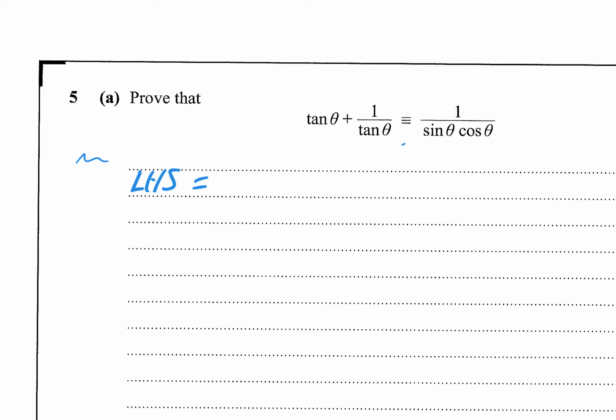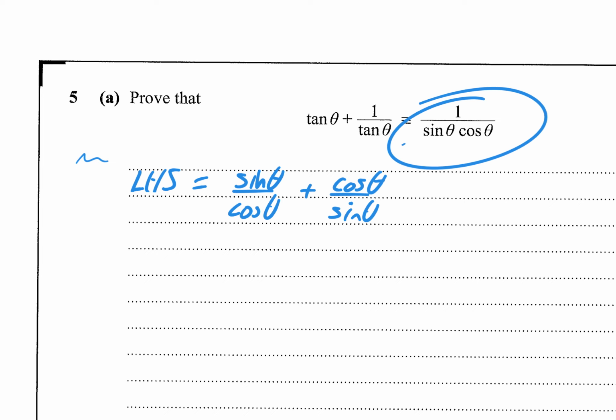Tan is the same as sine theta over cos theta, so 1 over tan would be the reciprocal of that, cos theta over sine theta. Now again, look at where you're trying to get to. My right-hand side has basically got one term. We've got two terms, and we want to make them one term.